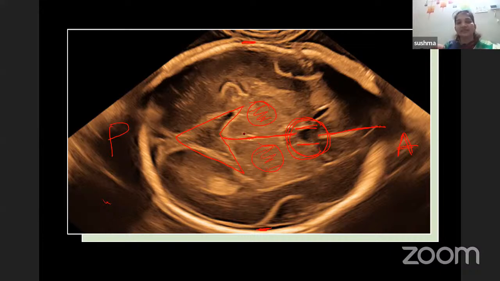This slide here is a blank slide. So I'd like to draw the main features that we see in transthalamic plane. This is the cranial vault. Here, this is posterior. This is anterior.